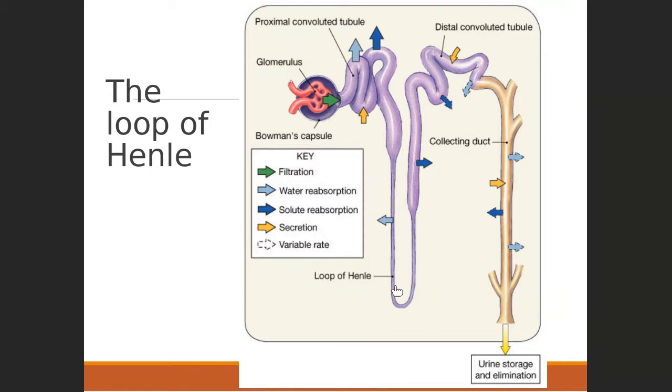What drives osmosis? What do we need outside our descending limb to encourage solvent movement across the membranes of the nephron? Well, we need a hypertonic solution. Remember, water will always move in the direction of the hypertonic solution. We get that hypertonic solution because of the active transport that's going to come from our ascending limb.